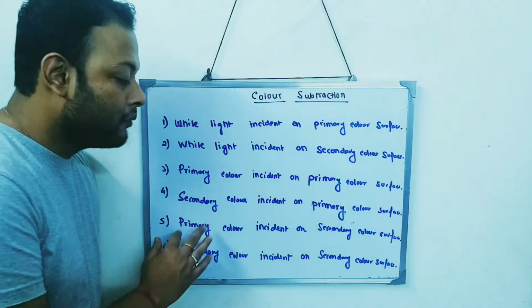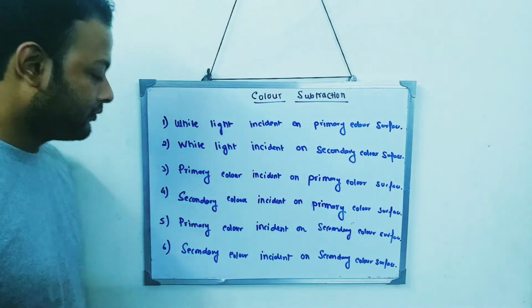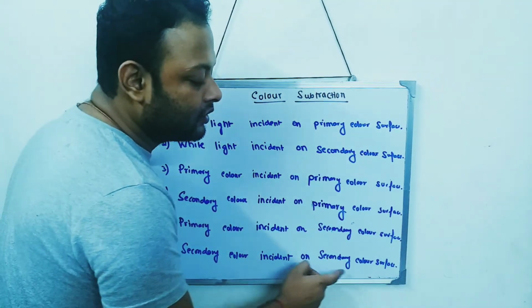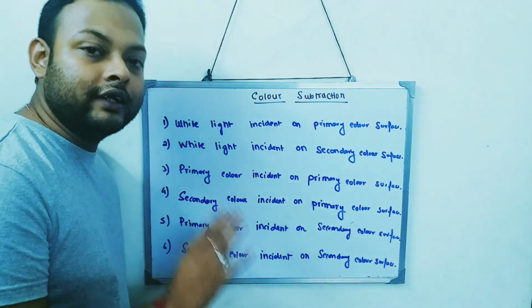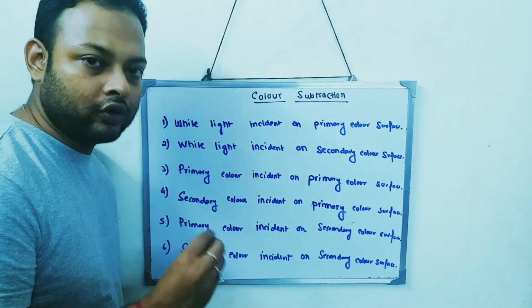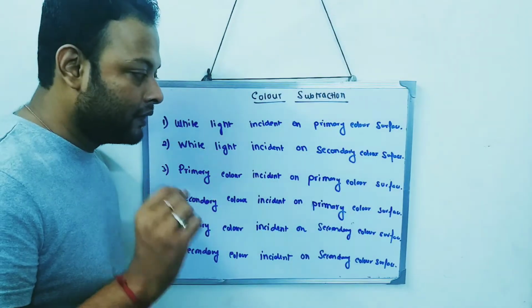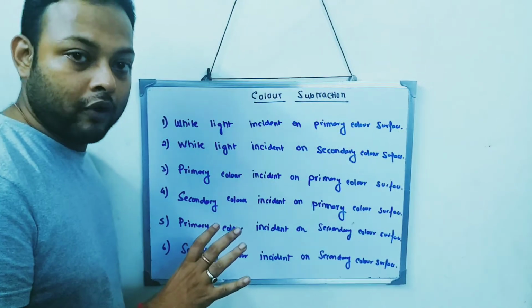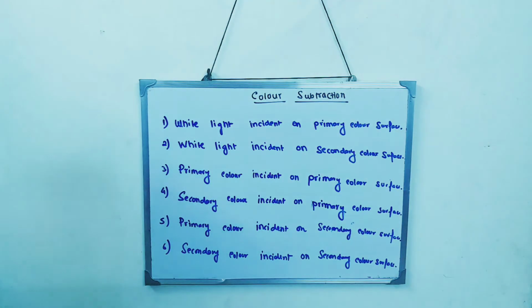Fifth, primary colors are incident on a secondary color surface. And sixth, secondary colors are incident on a secondary color surface. This is going to be a little long video, but I'll try to make it short. The basic thing is that you need to understand these processes. You can take a screenshot of this.